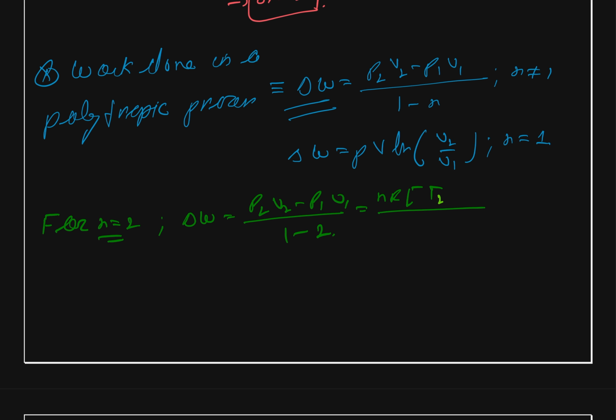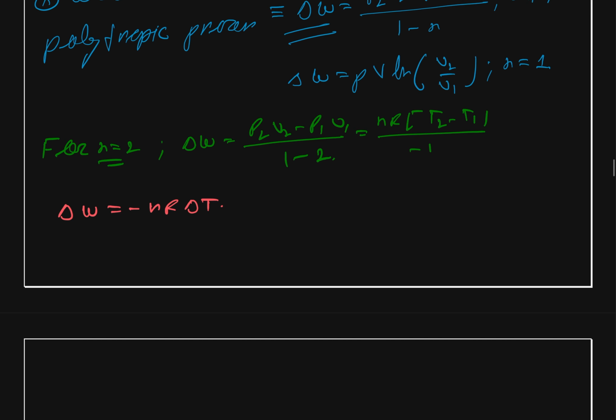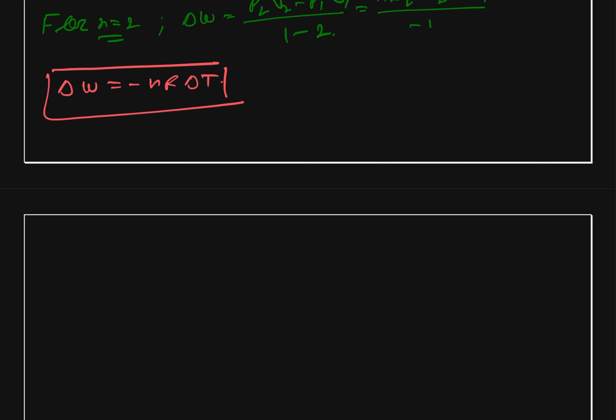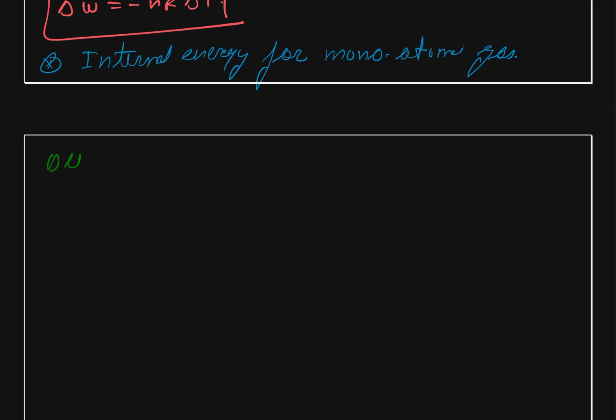So we get T2 minus T1 upon minus 1, and we get delta W is equal to minus nR delta T. And we are given that we have a monatomic gas, so therefore we can say that the internal energy for a monatomic gas, that is a standard formula, delta U will be equal to 3 by 2 times R delta T.